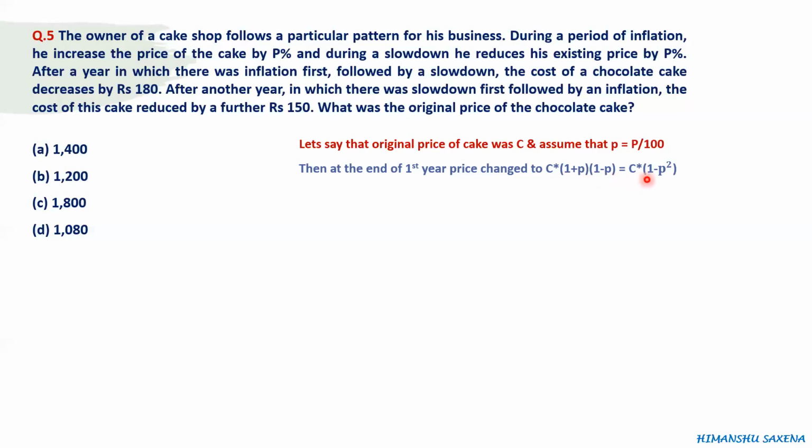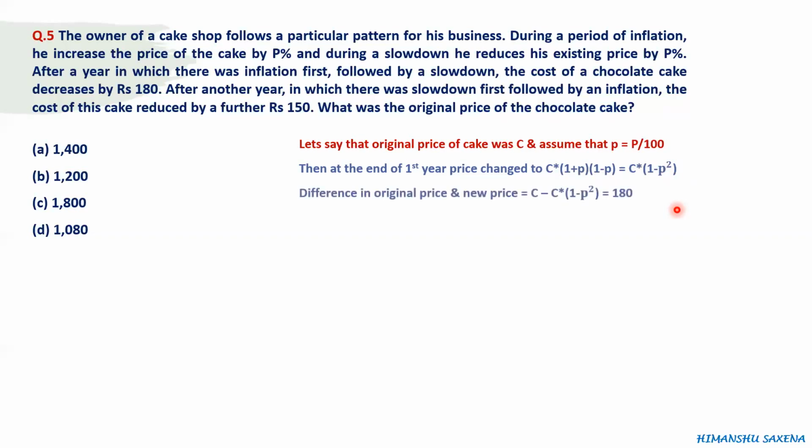So this becomes C into 1 minus p square. When the price is increasing, you multiply the original price by 1 plus p. And when the price goes down, you multiply the existing price by 1 minus p. So this becomes C into 1 minus p square, because 1 plus p into 1 minus p is 1 minus p square. A plus B into A minus B is equal to A square minus B square.